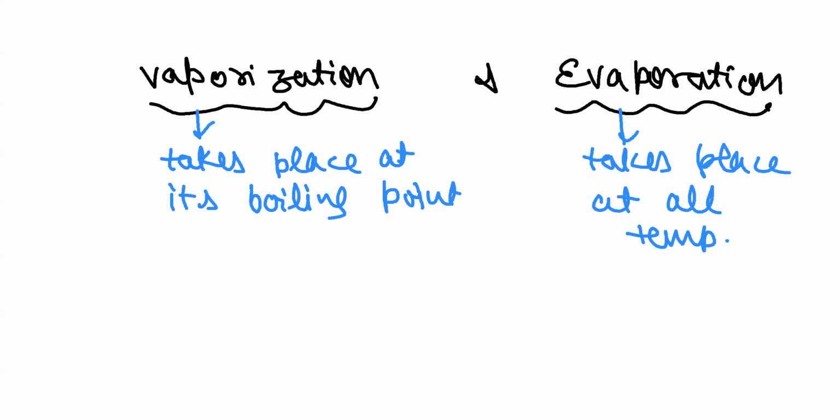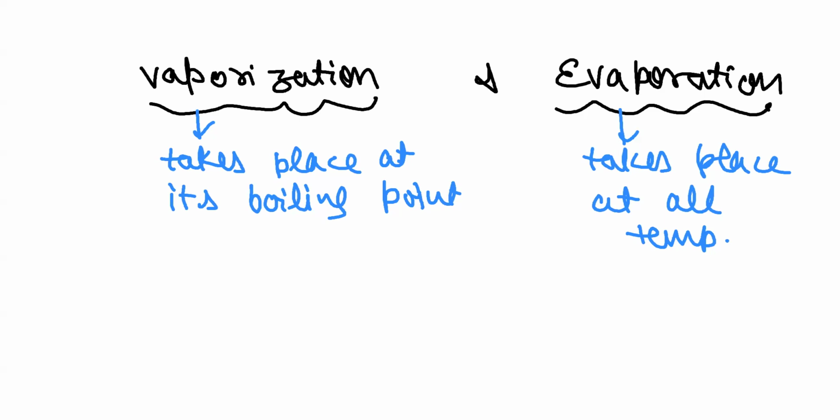When you throw a glass of water on the floor, will it be vaporized or evaporated? It will be evaporated. Very good. And when you heat water in a container on a gas stove, will it be vaporized or evaporated? If it reaches the boiling point, it will be vaporization. If it does not reach the boiling point yet, it will be evaporation.